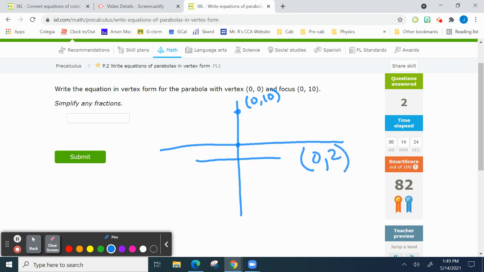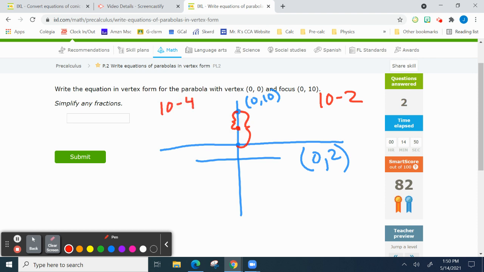If that's the directrix and that's the focus, we know that the vertex is halfway between those two, right? And 10 minus 2 is 8. So there's 8 all the way from here to here. So the vertex is going to be halfway between those, right here, at 10 minus 4.